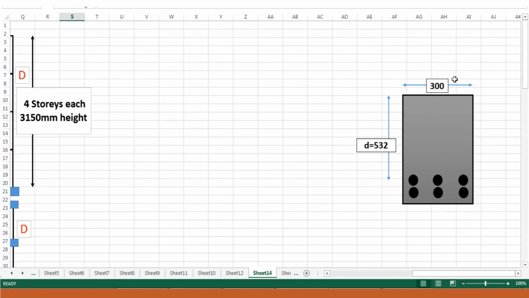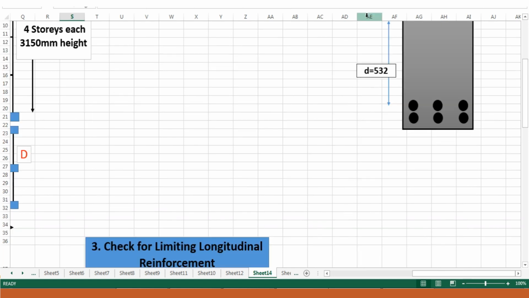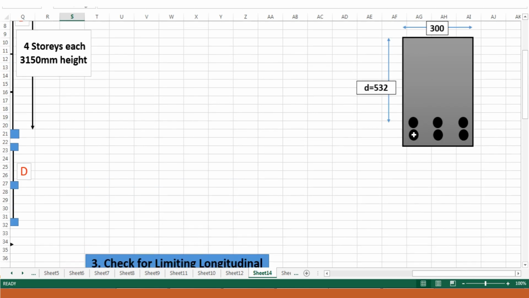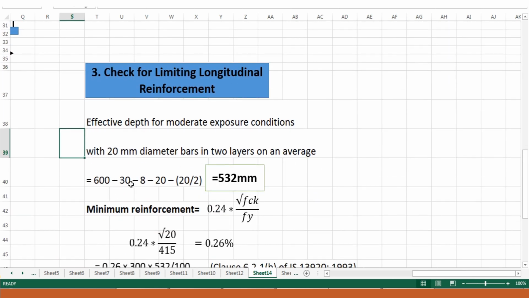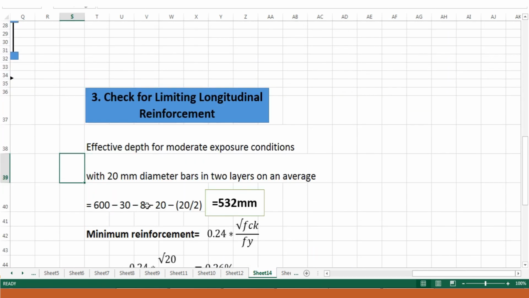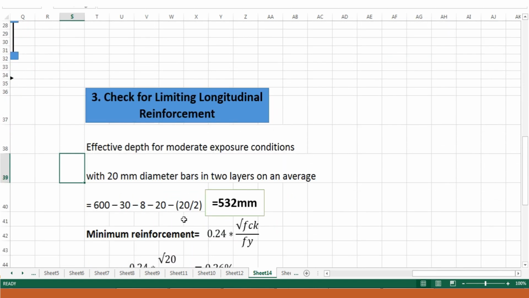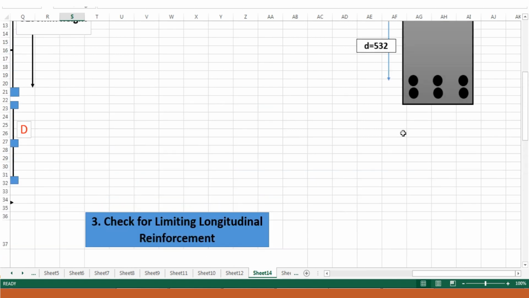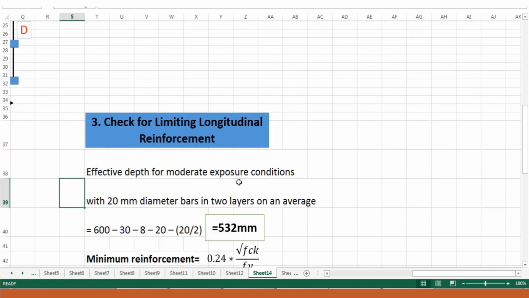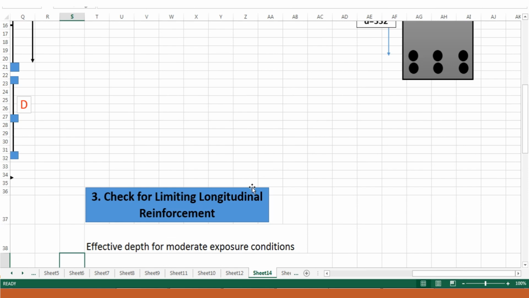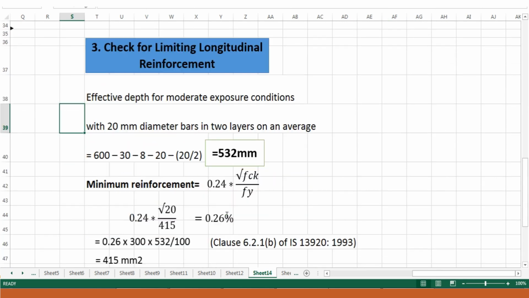This is the beam, and if the total depth is 600 mm and the reinforcement is provided in 2 rows, it would be 600 minus 30 is the cover, then minus 8, the distance between the 2 bars, then minus 20, the dia of the first bar, then minus 20 by 2, half the dia of the second bar, thereby it's 532.